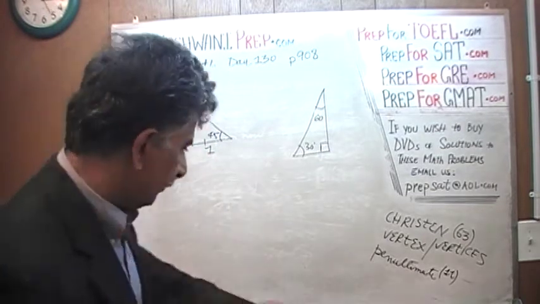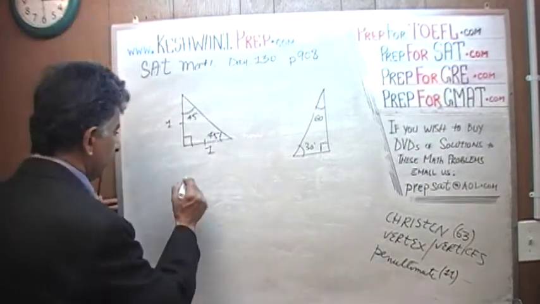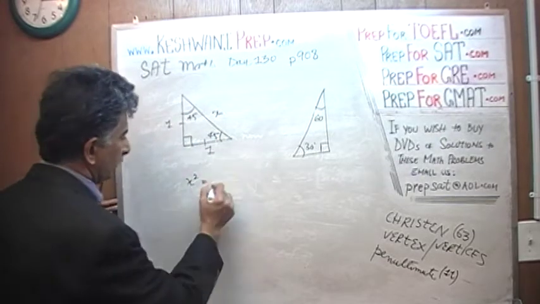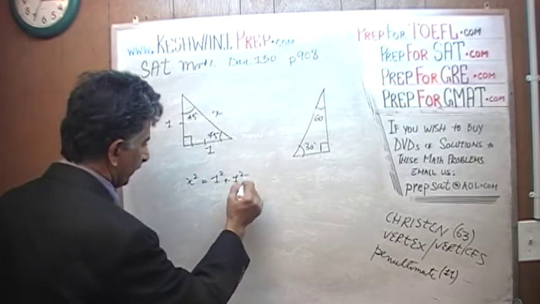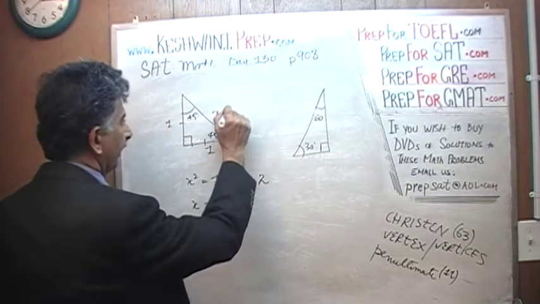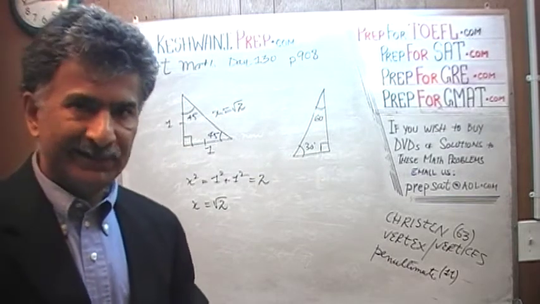So if these two sides are 1, what's going to be the hypotenuse? Call it x here. Hypotenuse squared is going to be 1 squared plus 1 squared, which is 2, and therefore x equals root 2. Now what we need to understand is that that's the ratio of the sides.